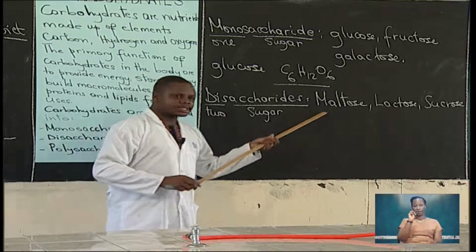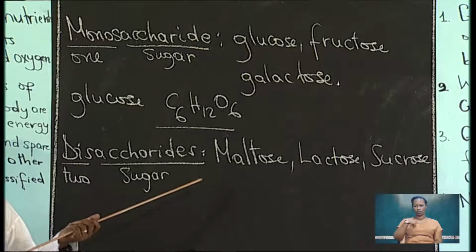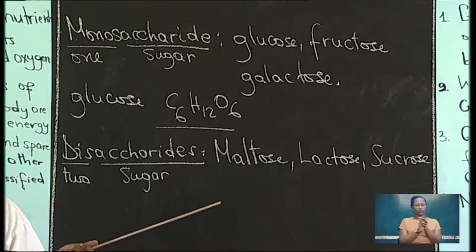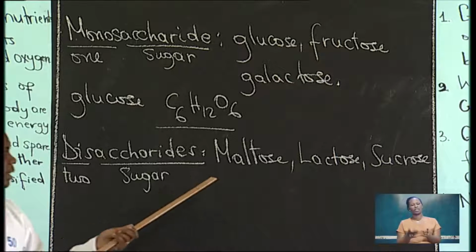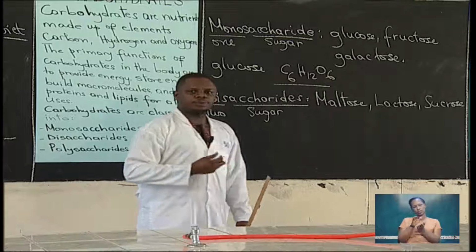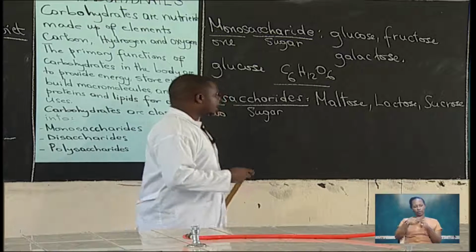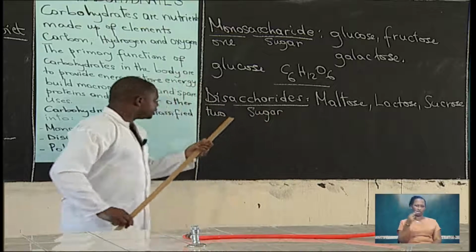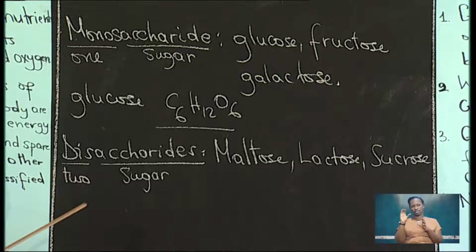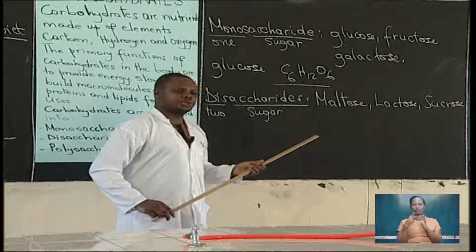Then maltose, we can find it in different foods we eat. Like when you eat potatoes or cassava, you can find there maltose in stored form, which we call starch. Now, as we have said, di means two, saccharide means sugar. Why did they say these are disaccharide sugars?